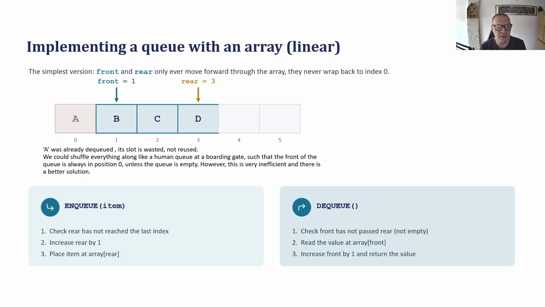So you don't do anything with the value that's left there in B, where it is in position 1. You take the B out, and then you just move front along to position 2. The data still stays in the array, doesn't need to be deleted or overwritten or anything like that, because your front pointer moves to tell you where the front now is.